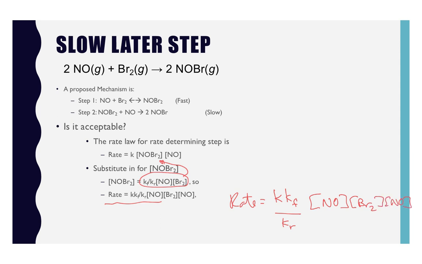I'm going to simplify this now. This is a constant times a constant divided by a constant. That's a whole bunch of constants that are just going to form some new big constant. And then NO times NO is going to be NO squared.